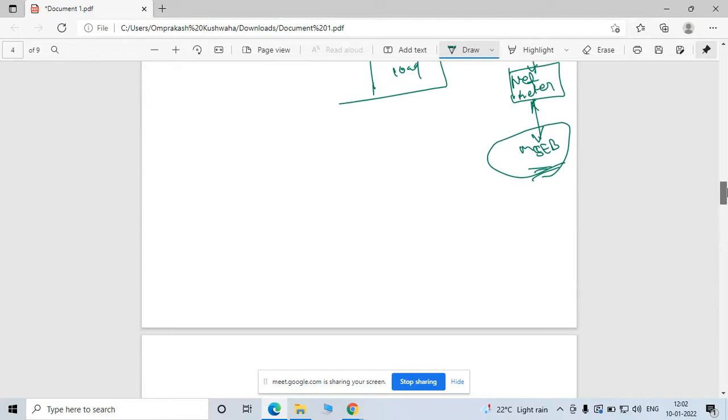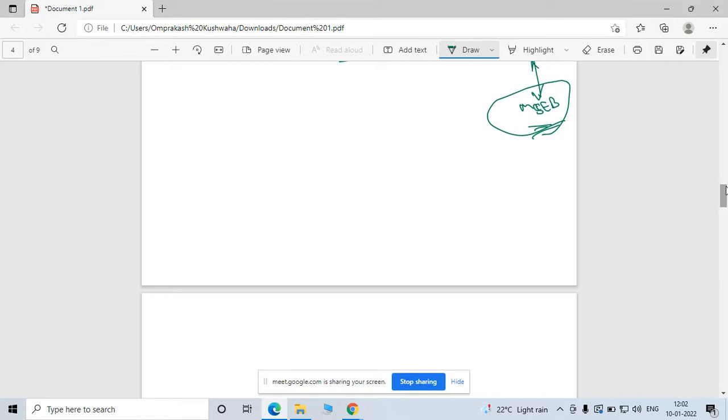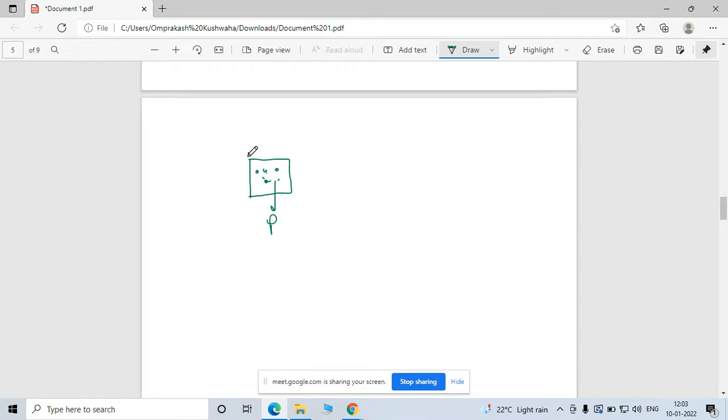Now, if I talk about the VI characteristics of a solar power plant, first a small explanation of its working. Suppose this is your PV panel, the cross section of the panel. This is your P-type substrate, and here is your N-type substrate.